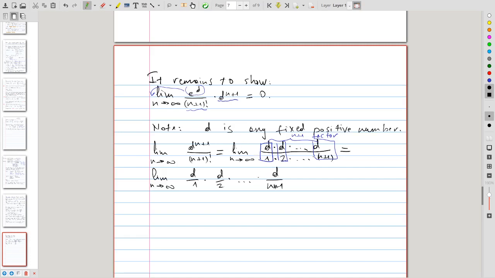So let's say now that d is less than some integer n0. So we have some integer such that d is less than this integer.